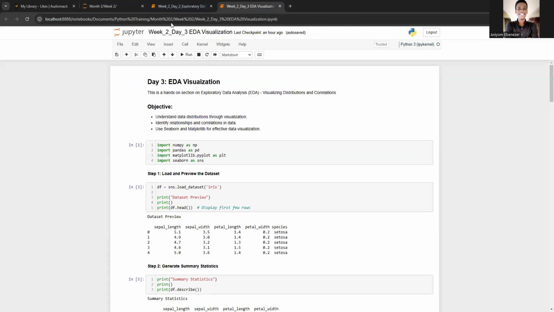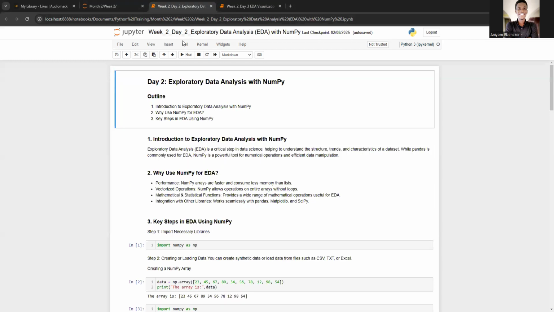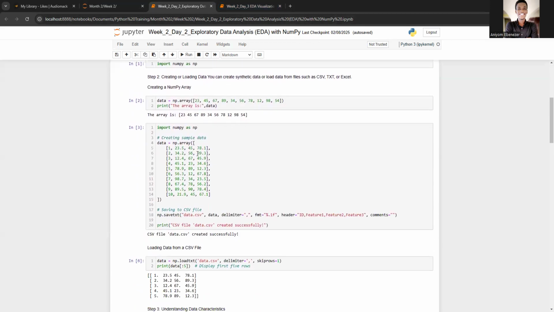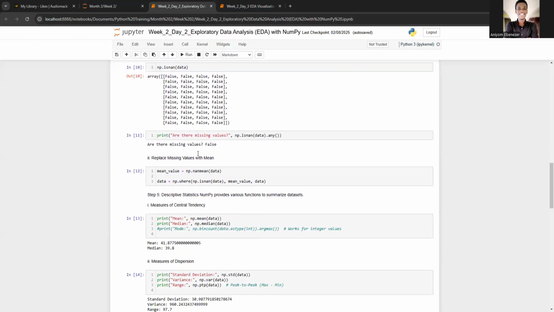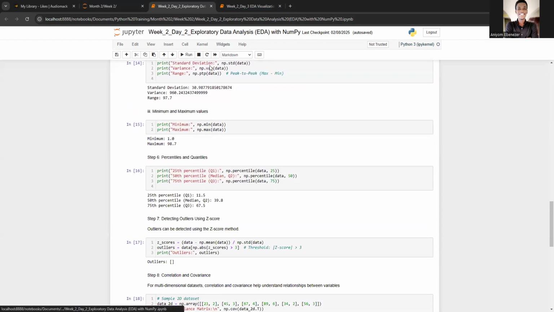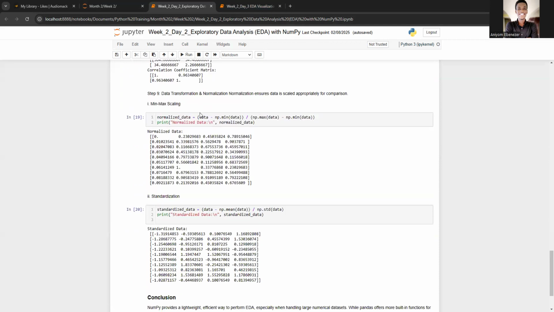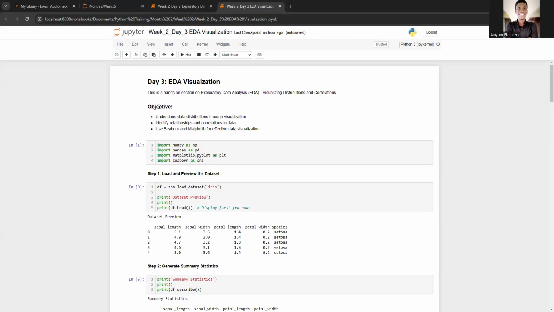We understand that we can perform exploratory data analysis with NumPy, but it will interest you to know that your analysis will not be completed if you don't visualize. That is why we're going to have a section today on exploratory data analysis visualization.